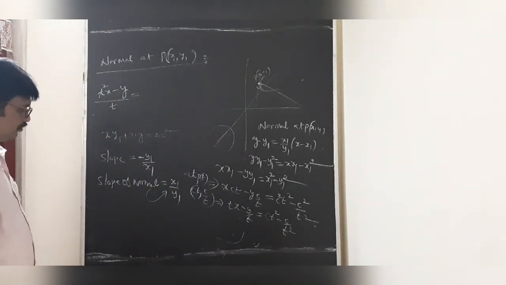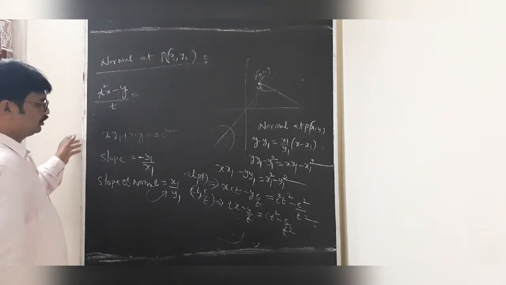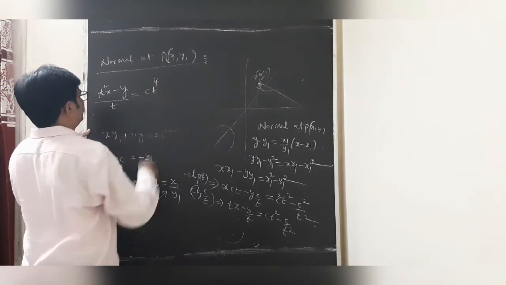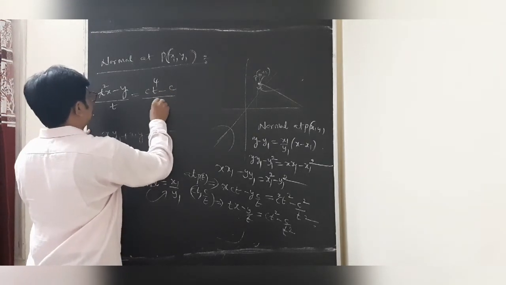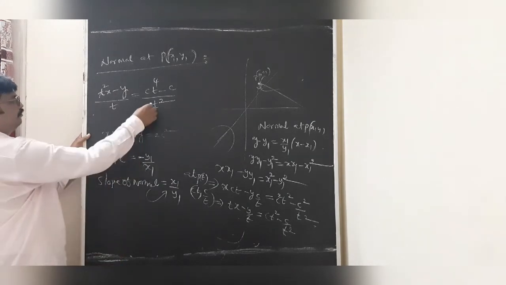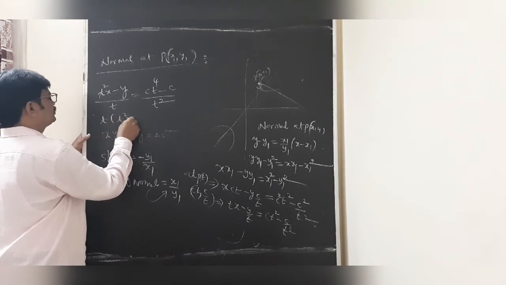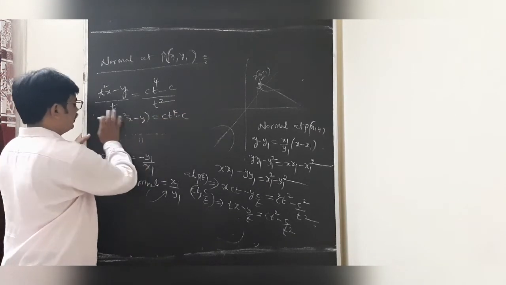So dear students, when we are taking the LCM as t square, here this is c into t power 4 minus c by t square. So dear students, one t cancels, then it will be t into t square x minus y equal to c t power 4 minus c.